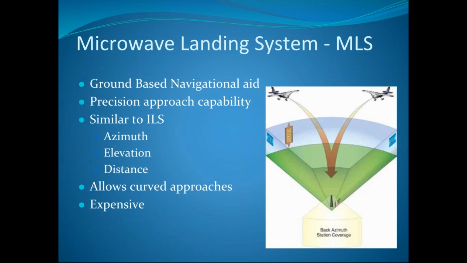Precision, both lateral and vertical guidance. That's something I would write down and memorize for future information. Precision approach provides both lateral and vertical navigation. Non-precision approach only provides lateral navigation or guidance.